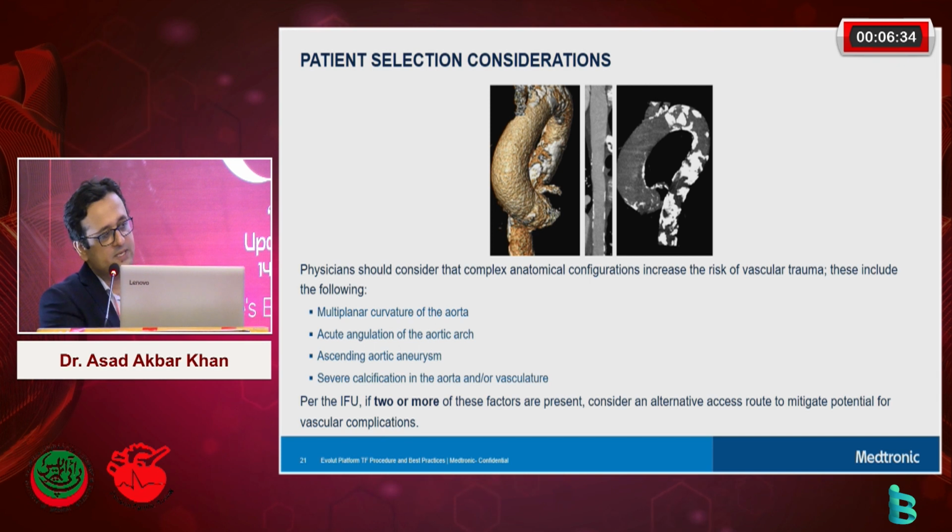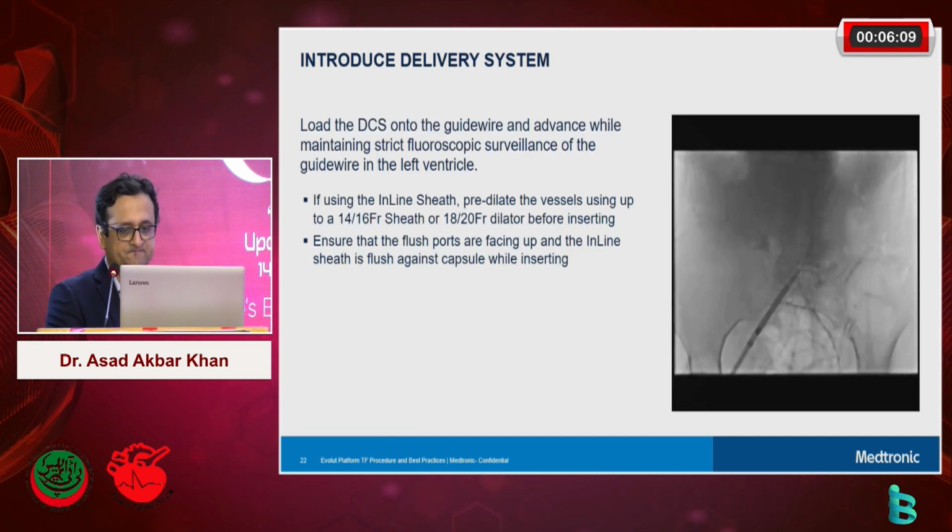When you're looking at an angio, you only look at it in 2D and you don't really appreciate it, but the CT will tell you that it's very angulated in one direction. Once it's angulated, usually it's coming towards you in an AP view, and what it means is it can give you a false sense that your valve is properly oriented. That's why we use other maneuvers to make sure our valve is properly oriented at the time of deployment.